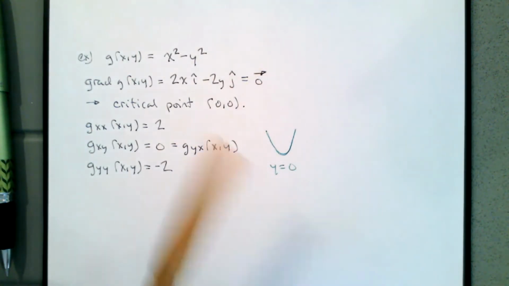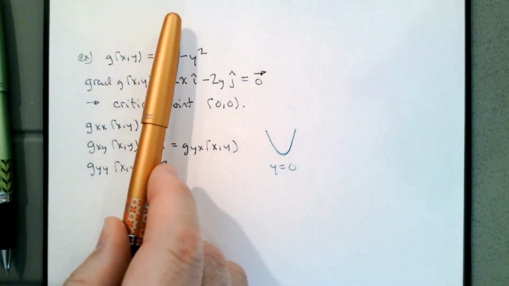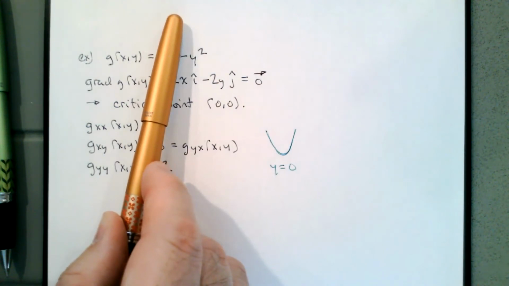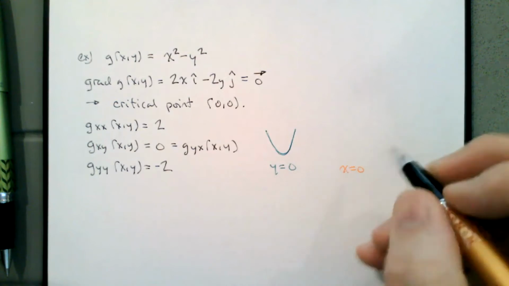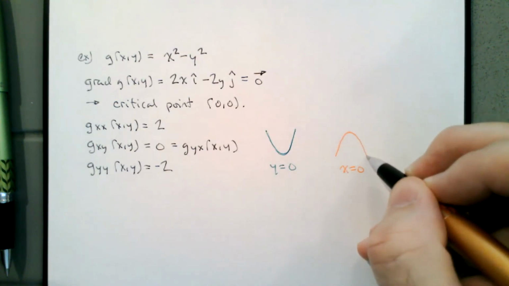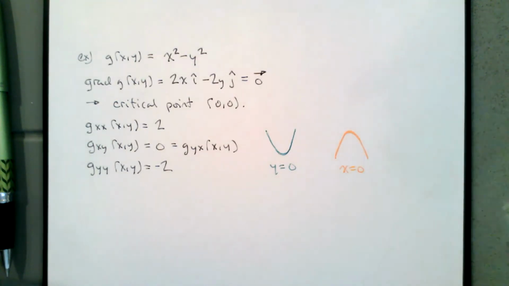But when x is equal to 0, we get a parabola facing the other direction. When x is equal to 0, we get minus y squared. So looking at these two kinds of concavity, in one direction I've got a minimum, and in one direction I have a maximum.